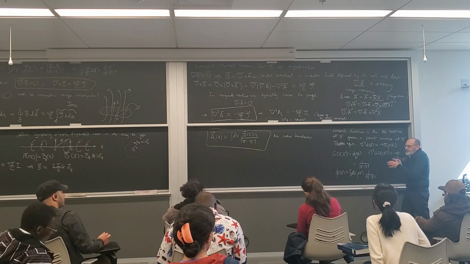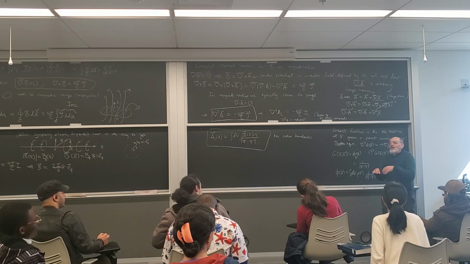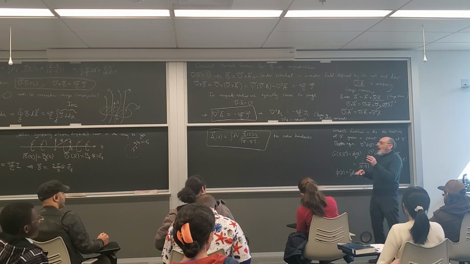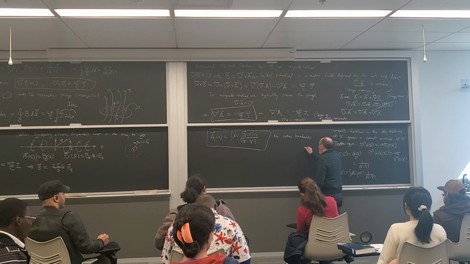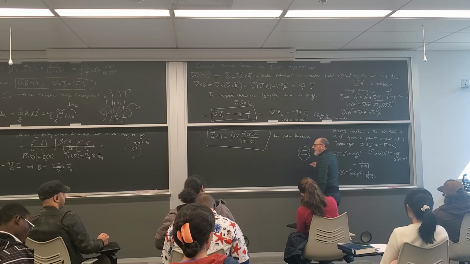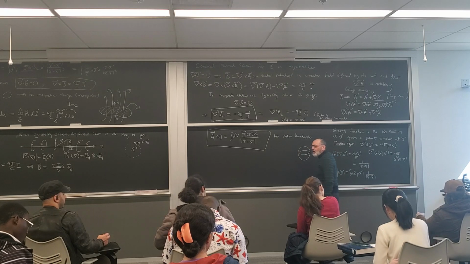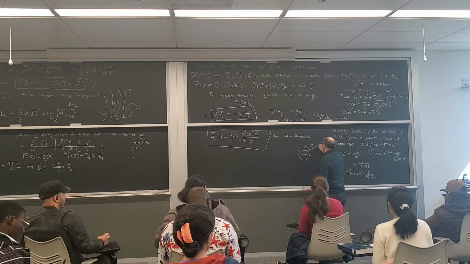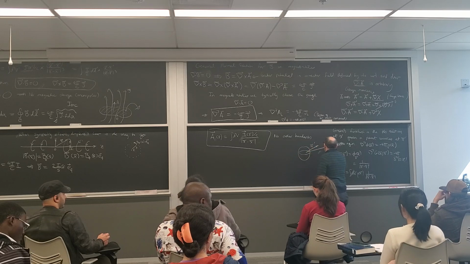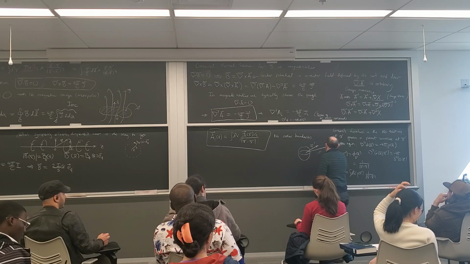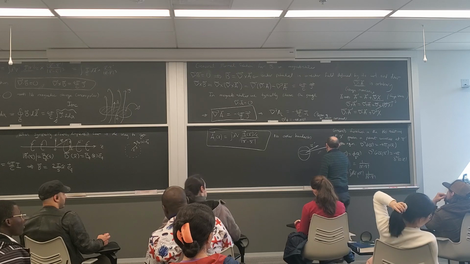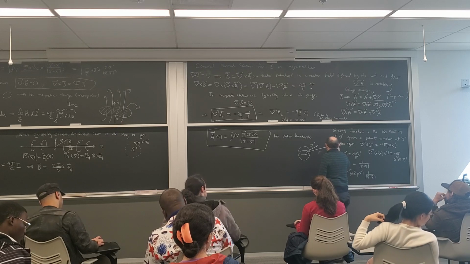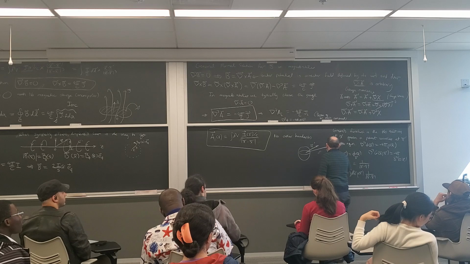The other problems we solved in the homework were to say, I have a sphere and I have a charge over here, and I want to find the potential at x given a point charge at x prime.